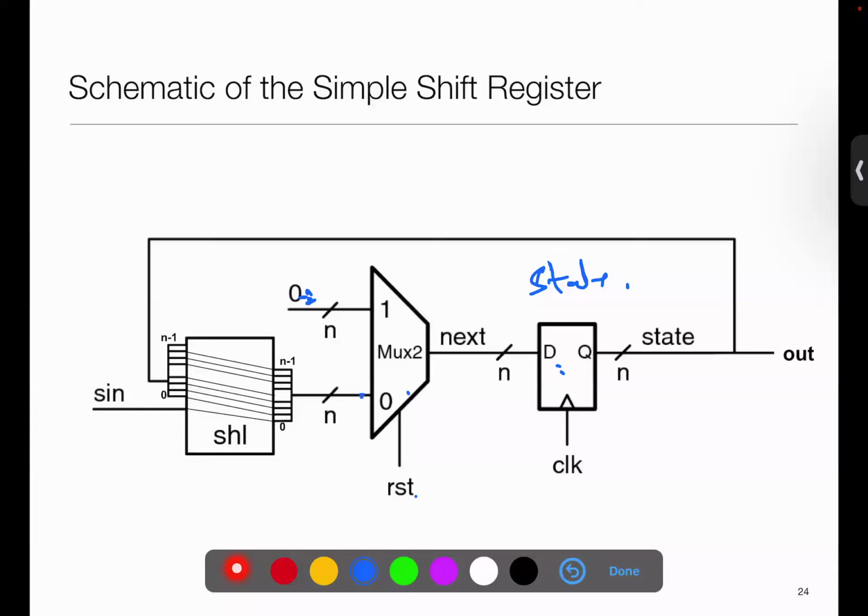We are taking the lower n-1 bits of the state, ignoring the most significant bit, making them the upper n-1 bits of the new state, and taking the input coming from the outside world and putting it into the lowest bit. So all of this is just pure wiring.